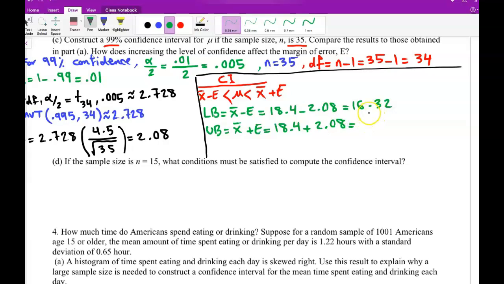So it's 20.48. That means our interval is 16.32, 20.48. So this is the final answer.